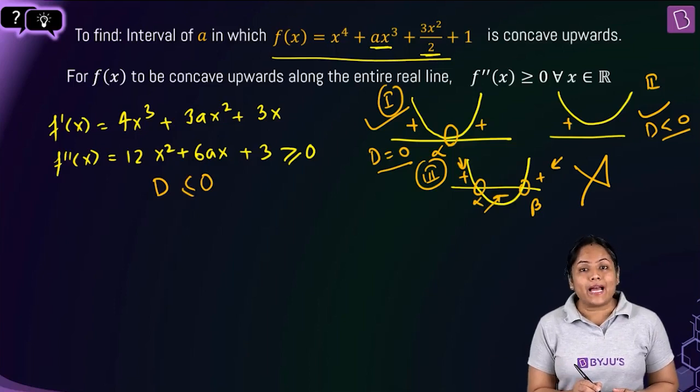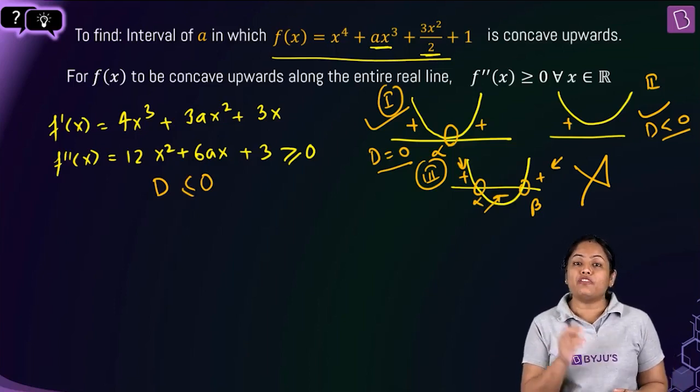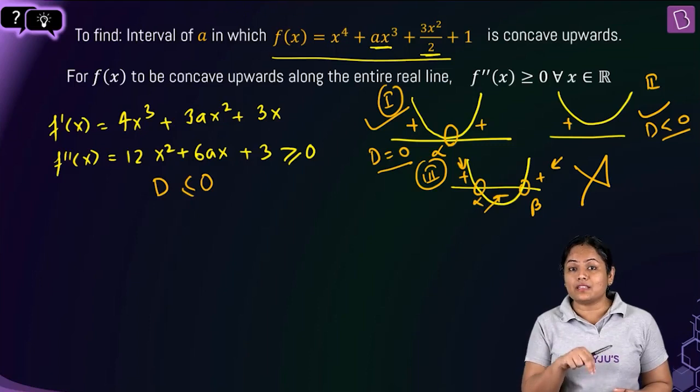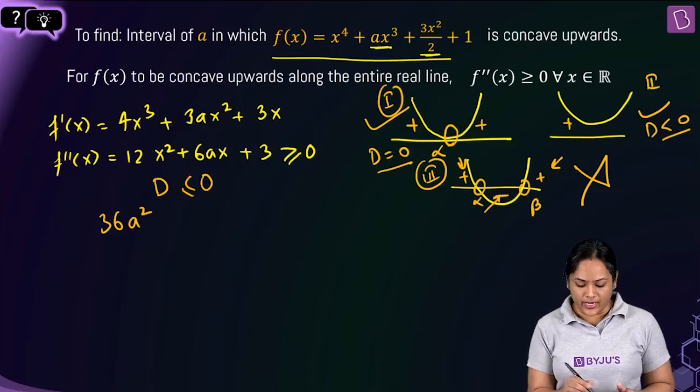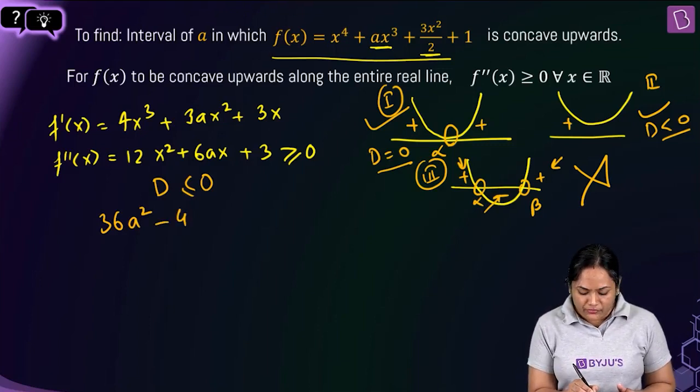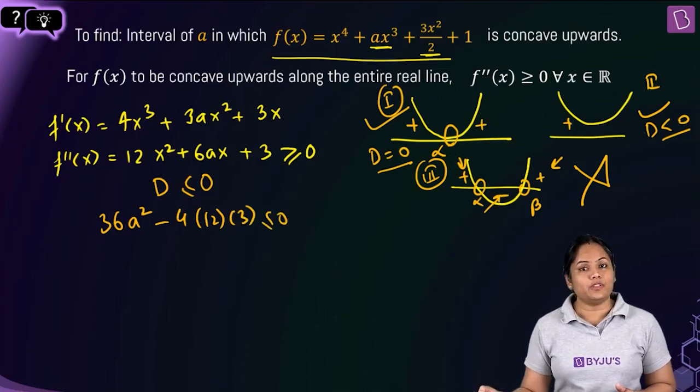Now when we apply the condition and put the values of a, b and c in the discriminant formula, it becomes b^2, that is 36a^2, minus 4 times 12 multiplied by 3, less than or equal to 0.